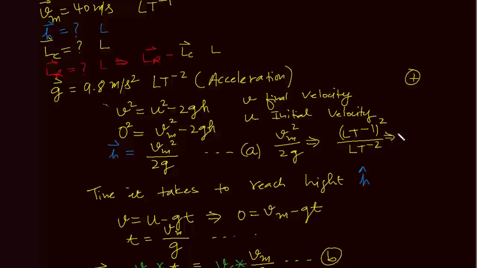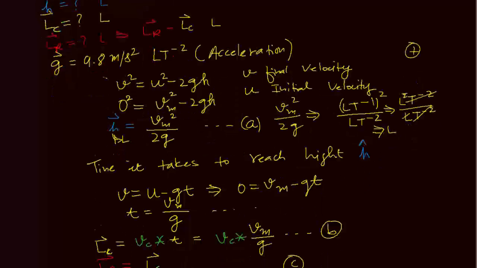So this leads to L square T raised to the power minus 2 divided by L T minus 2. So this cancels and this cancels, we get L. So we are relieved that H was L and we got L here. So most likely this is correct.